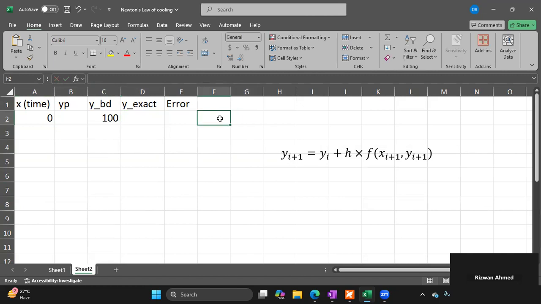Let me define that separately: the y naught value is equal to 100, which I pick up from cell G2. And I define a decay constant, which is the lambda value. For simplification, let's take that as 1, and step size, say for the time being, 0.2.